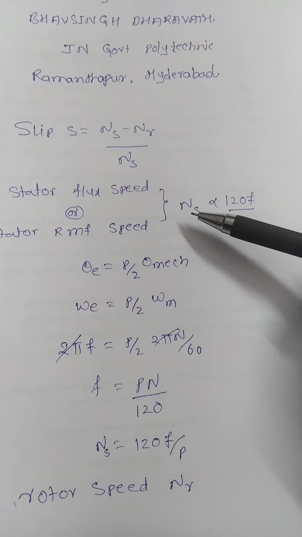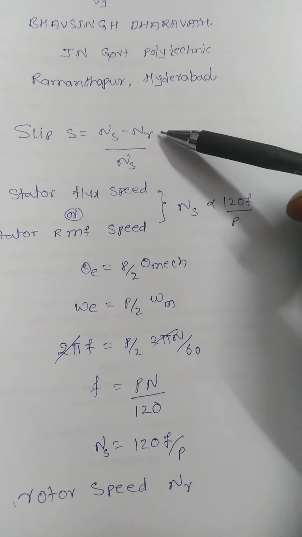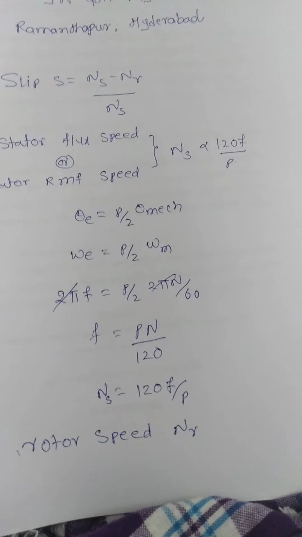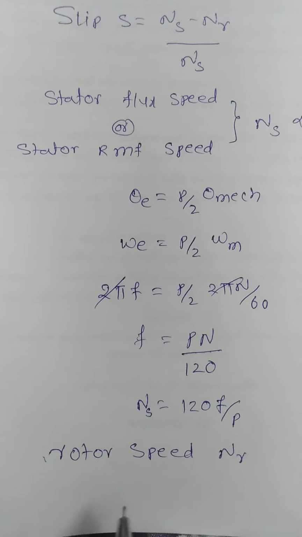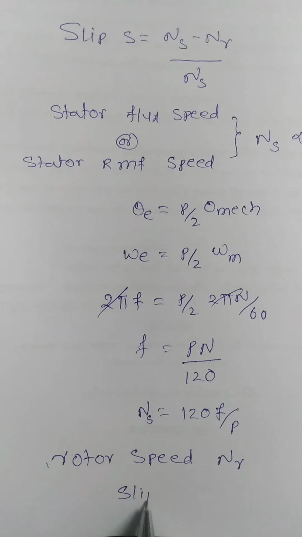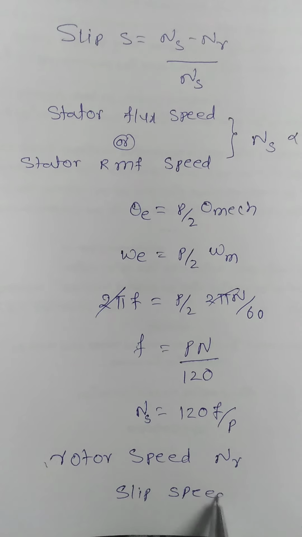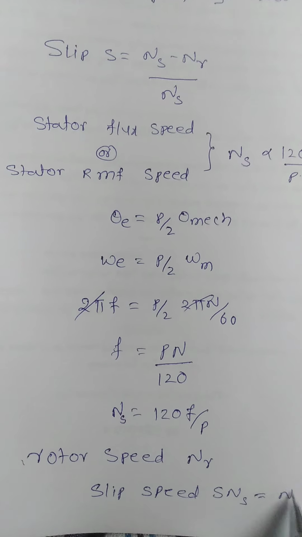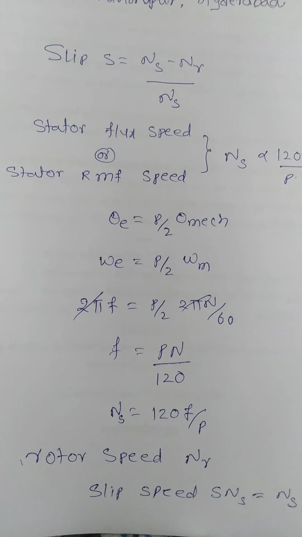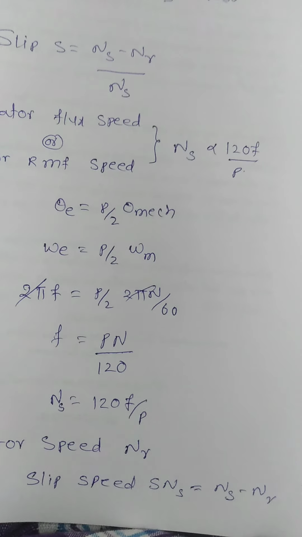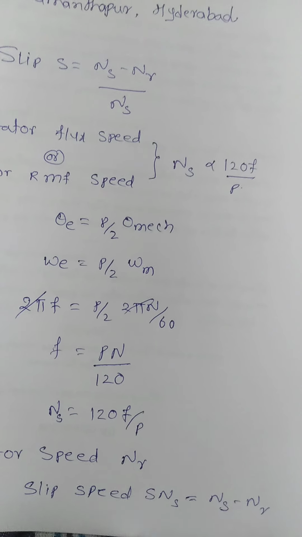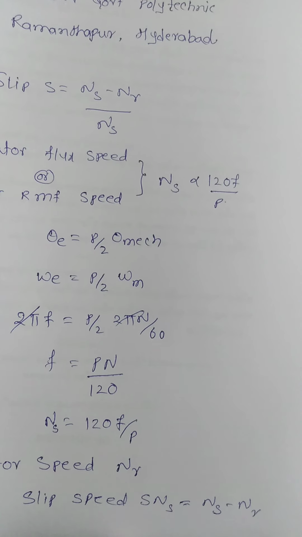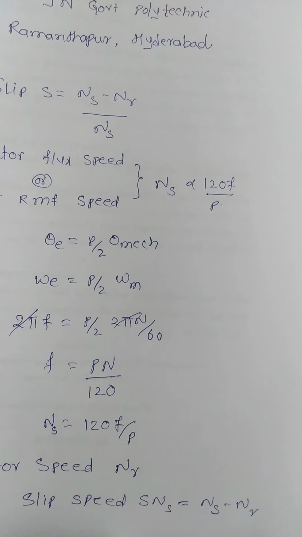Ns is related to the stator, and nr is related to the rotor. Slip speed, s ns equal to ns minus nr. So these are the formulas for slip speed and slip.